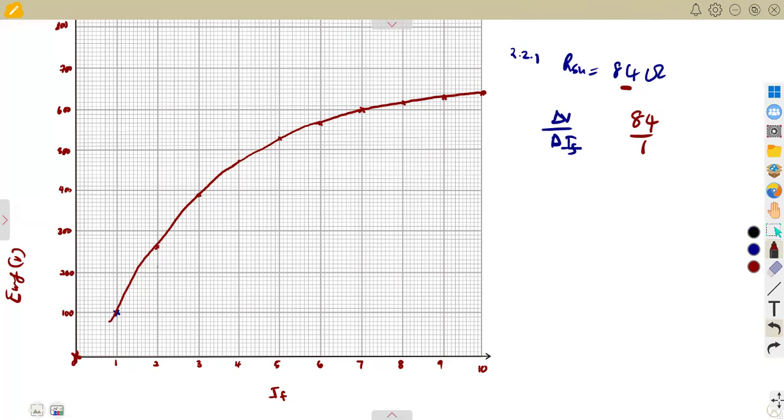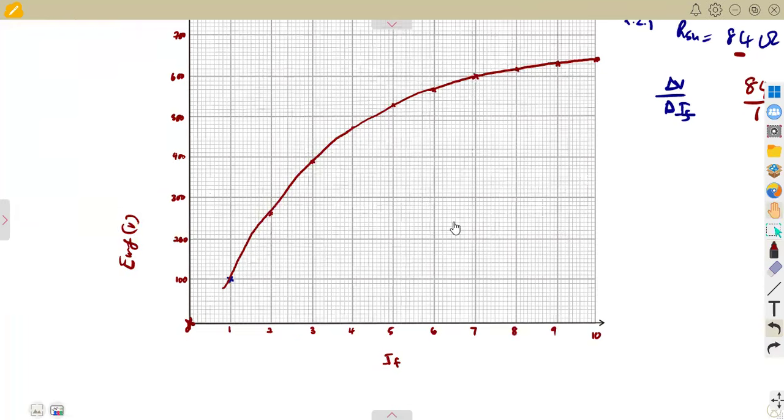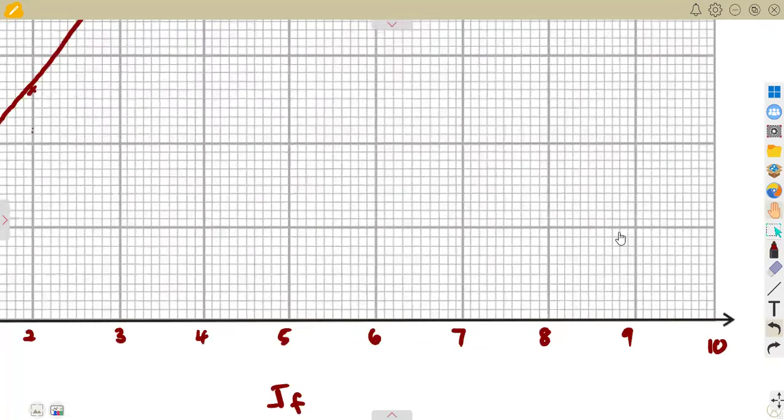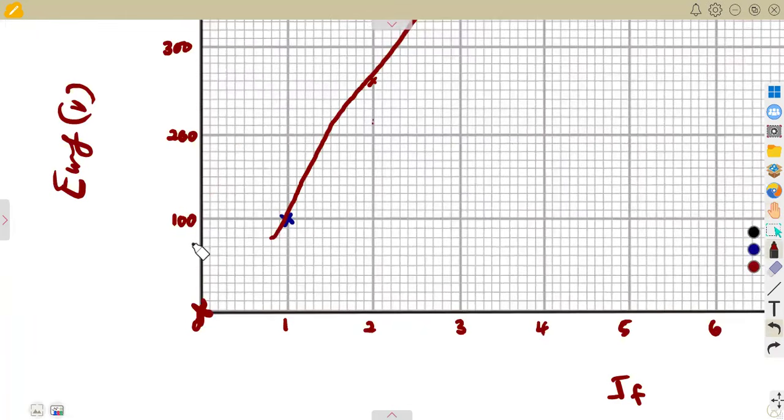If you can locate this point of 84 versus 1, you can mark it. But as you can see, guys, one box represents 10. Like this is 10, 20, 30, 40, 50, 60, 70, 80, 90, 100.